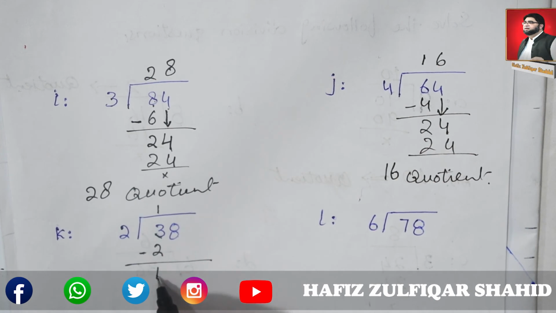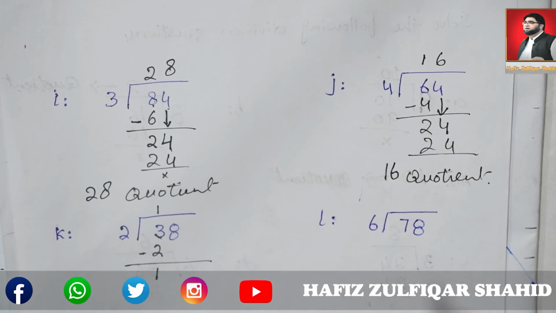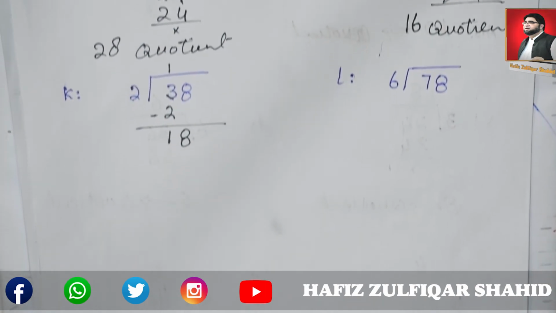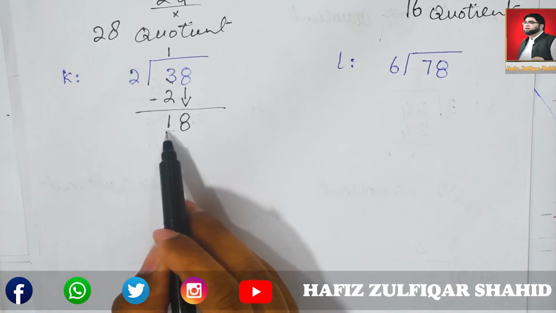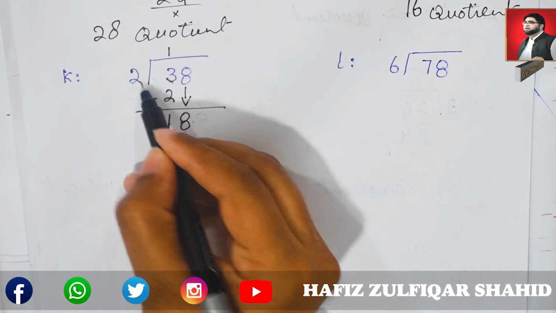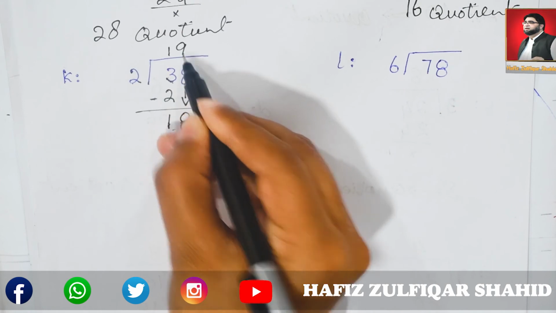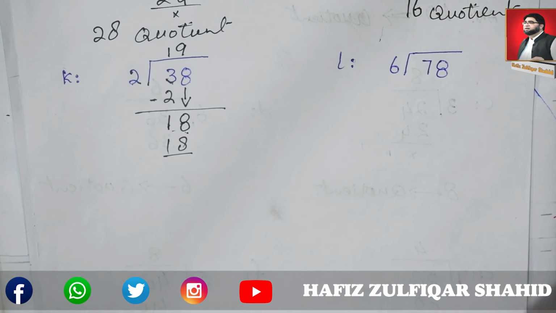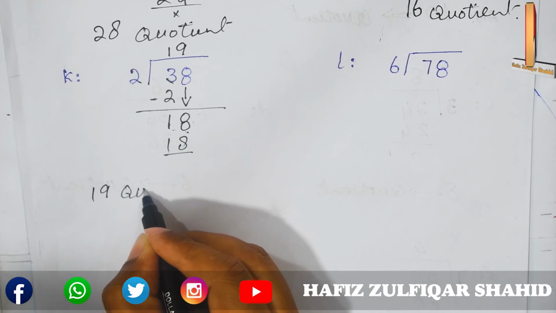Now answer 1 is smaller than 2, so you cannot divide 1 in 2s. Place this 8 down here. Now you have 18 to divide in 2s. Read the table of 2 till you get 18. 2 9 times is 18. So we have divided 38 in 2s with 19 quotient.